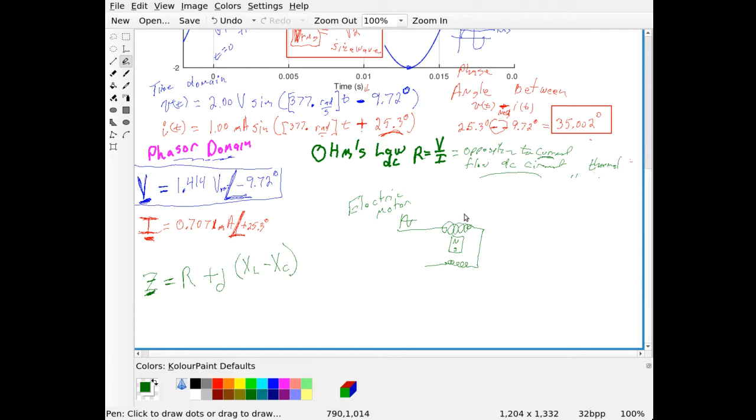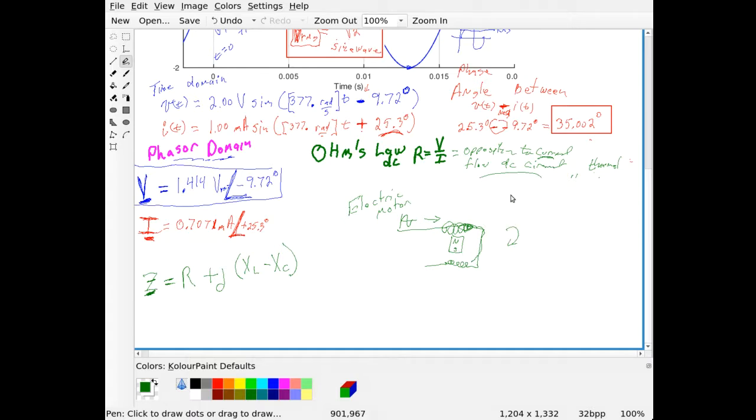If we feed a current into this coil of wire, we can make the magnet rotate. So by feeding the current into the coil of wire, we cause rotation.